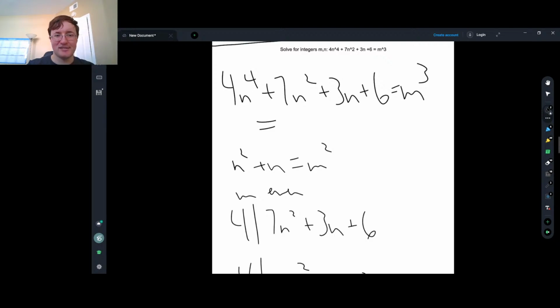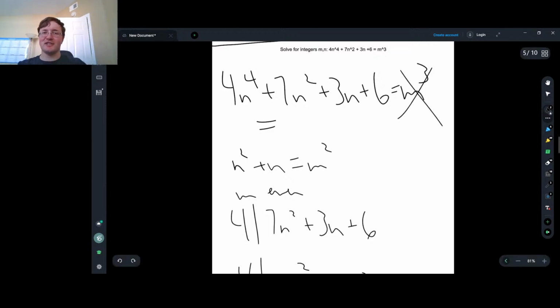I guess I could alternatively try to fix m and see when I'll get integer solutions. So this left-hand side is a quartic that, if I get rid of the m cubed, is going to be growing very quickly.